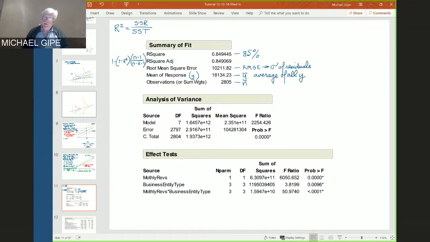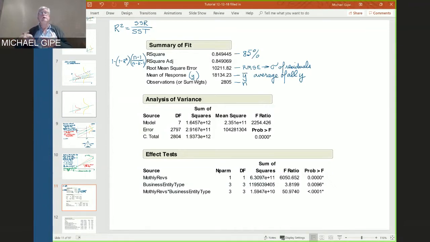So that's the first table in our JMP output. The next one is analysis of variance. It tells us a little bit about the sum of the squared residual. In some circles, SSR is sum of the squared residuals, which is actually SSE, so it can be confusing.